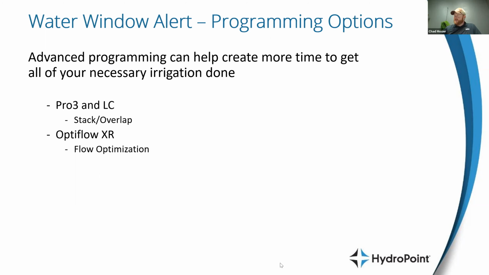Well, like I had mentioned a little earlier, I'm working on one specific project, and out there it's a master community, and they have multiple different controllers, and they are continuously being fined currently because they are not able to stack or overlap or basically utilize as much water as they can to water as much as they can, and therefore they're getting fined for watering outside of their water windows.